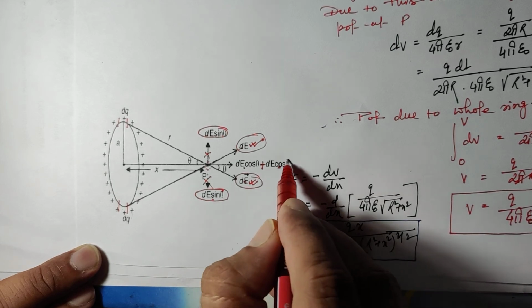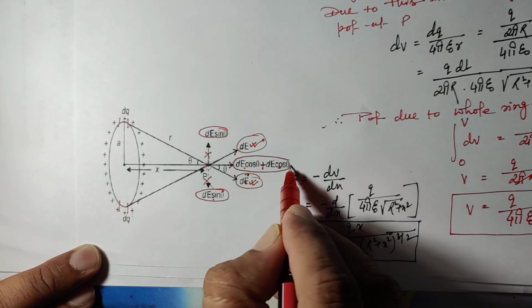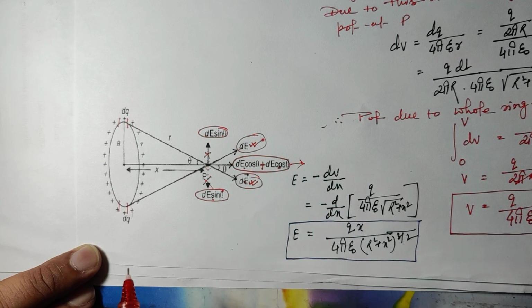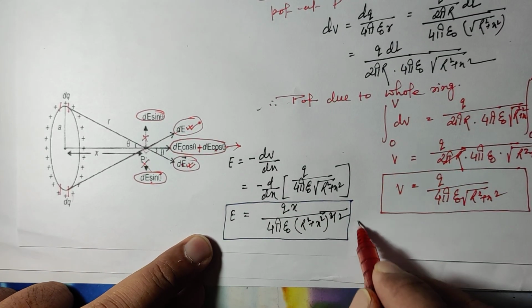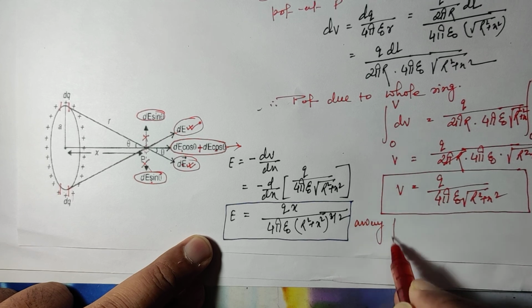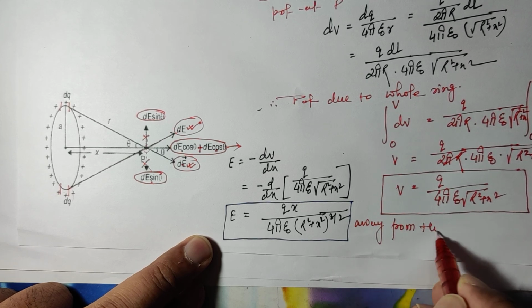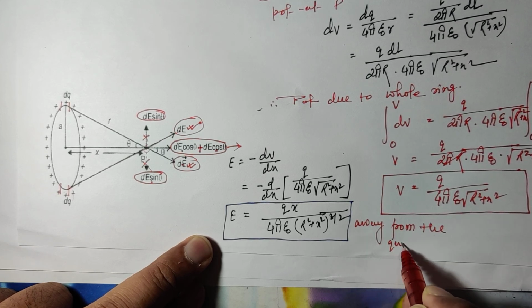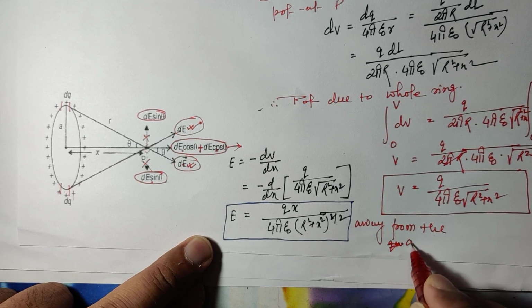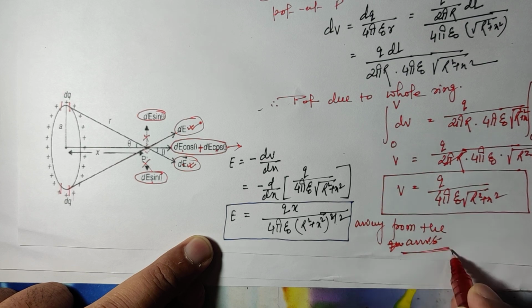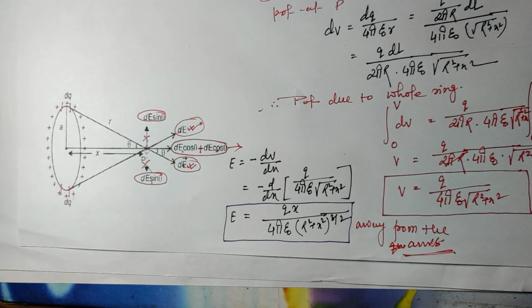So the final direction is away from the axis. We just write here, away from the axis, keeping in mind that if the ring were negative, the direction would have been towards the center.